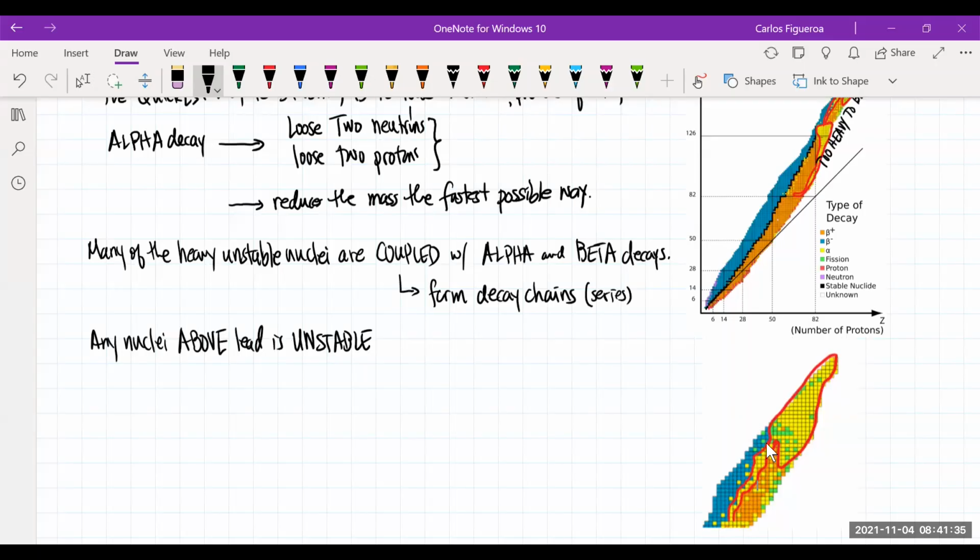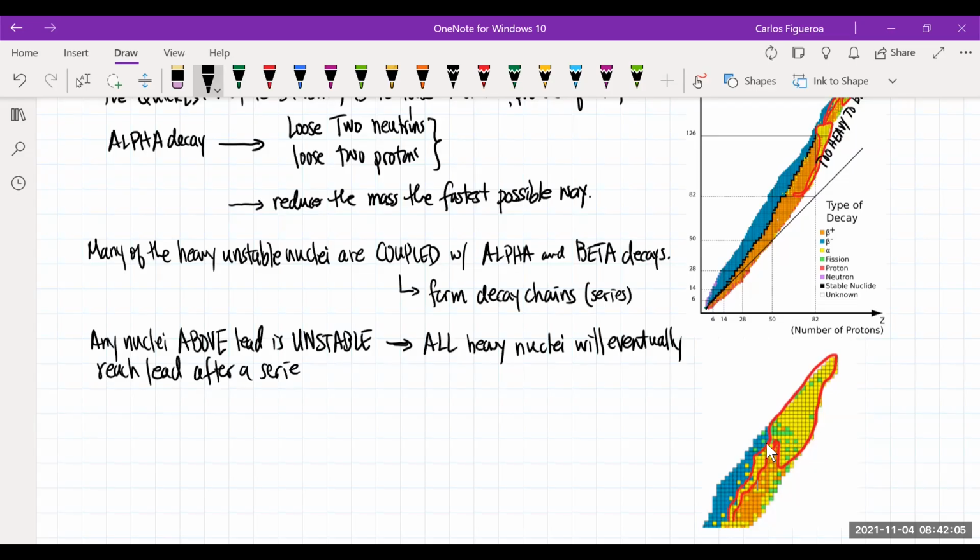But what does this mean here? What that means here is this. All heavy nuclei will eventually reach lead after a series of decay chains.